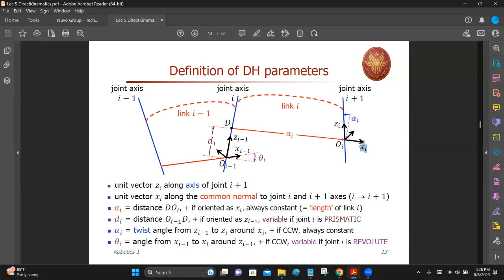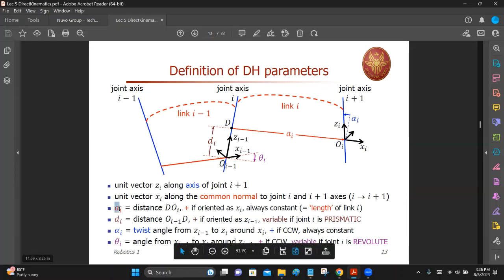In fact, this is the reference axis for any rotary motion over here after the successive link. So it's a common normal to the joint i and joint i plus 1 axes. It is a common perpendicular, and the distance is the link length.